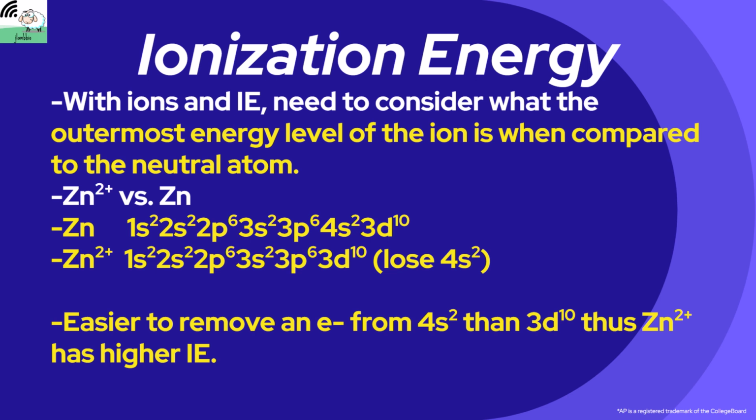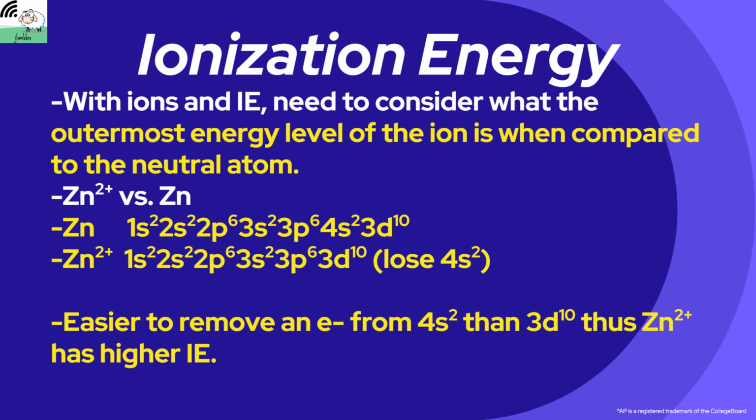So the justification here is very similar to that when we compare elements in the same group. It's much easier to remove an electron from the 4s sublevel than the 3d sublevel. Thus, zinc 2+ has a higher ionization energy because the 3d electrons, which is where the valence electrons would be removed from, is much closer to the nucleus than that of the 4s sublevel.